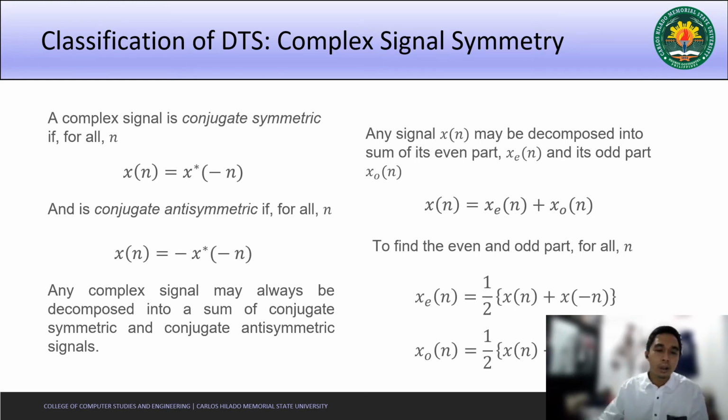This allows us to see that any signal can always be decomposed into the sum of its conjugate symmetric and conjugate antisymmetric parts, or the sum of its even part and its odd part.